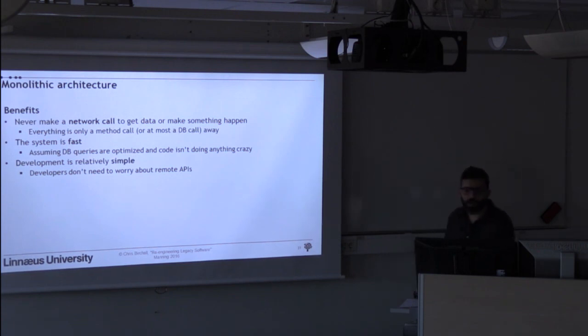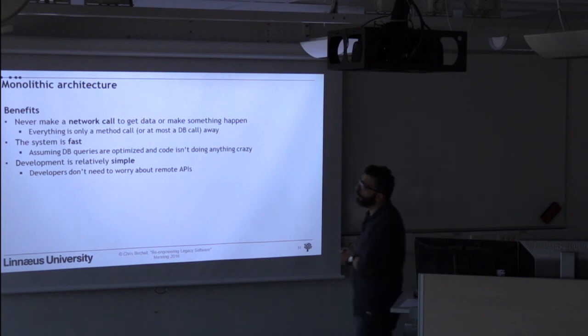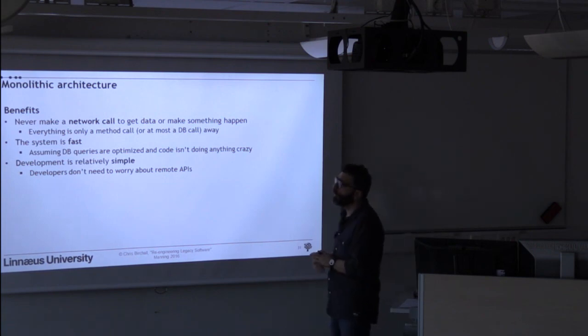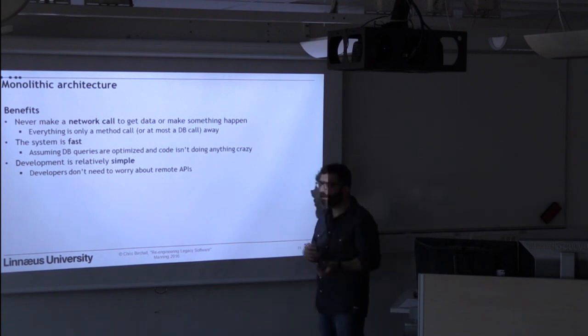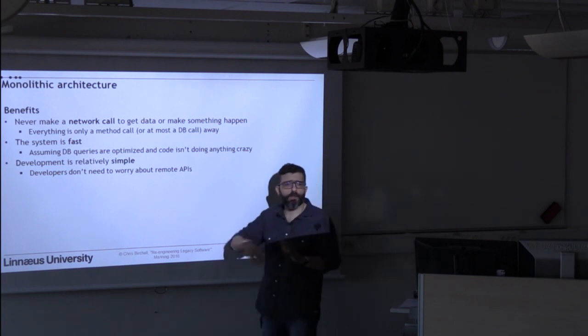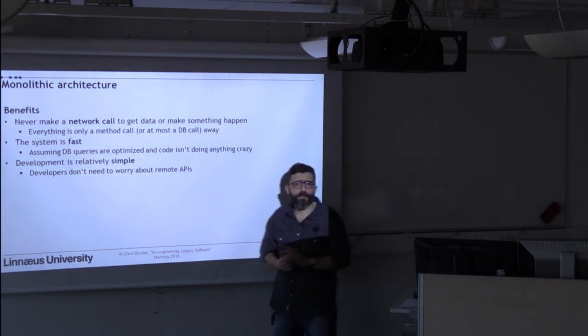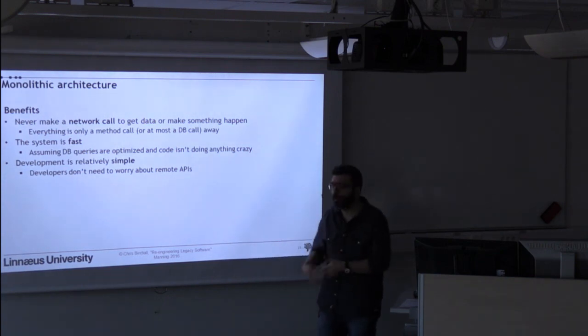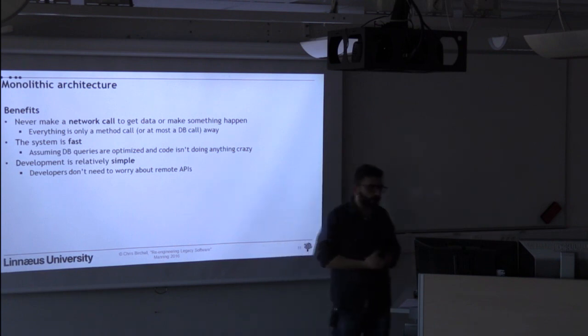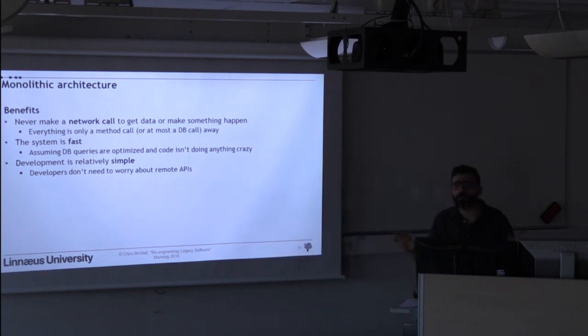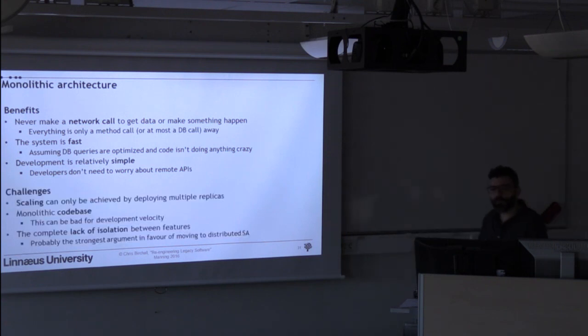Okay, and the development is relatively simple. Okay, developers don't need to understand how to interact with remote systems by sending packets, communication protocols, and so on and so forth, and use the remote API. I mean, everything is under control. This is very good for some things, but is very bad for other things.